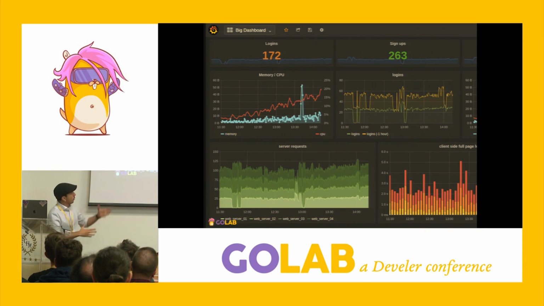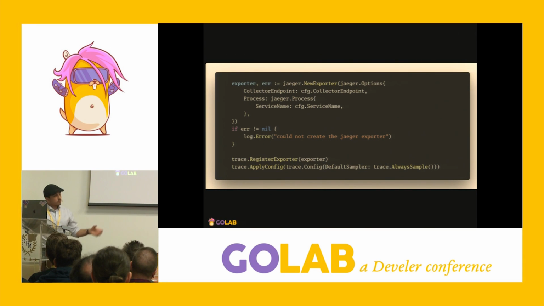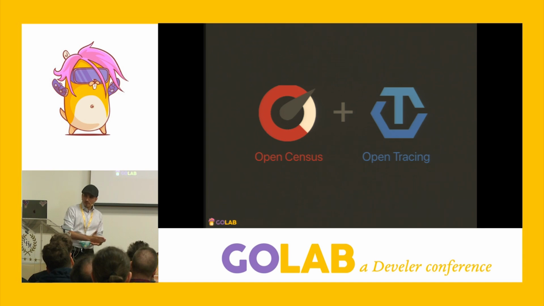The same, and then, of course, you get these standard metrics. I'm going to show you real metrics in a bit. Distributed tracing is the same thing. Here we use Jaeger, but basically it's the same library that provides that to you. OpenCensus and OpenTracing is a very cool project that is not only for Go, it's standard across many different languages, from Java to Clojure to PHP to, well, whatever you want.